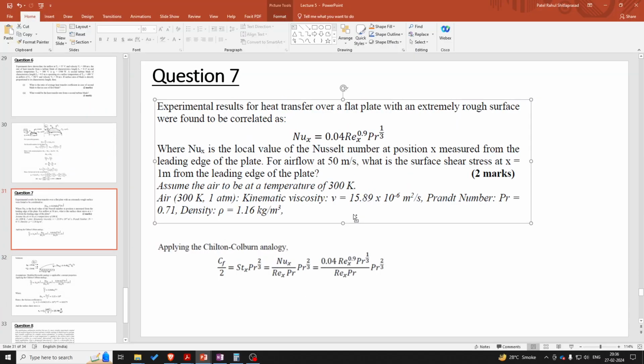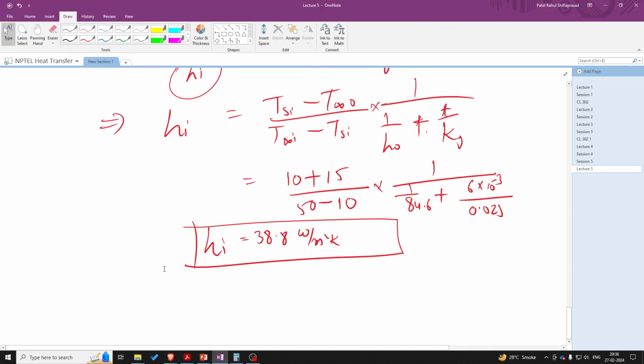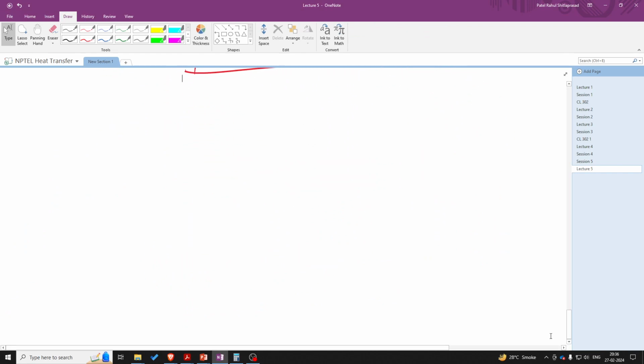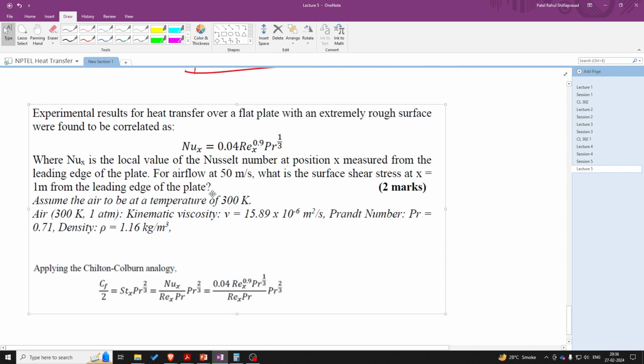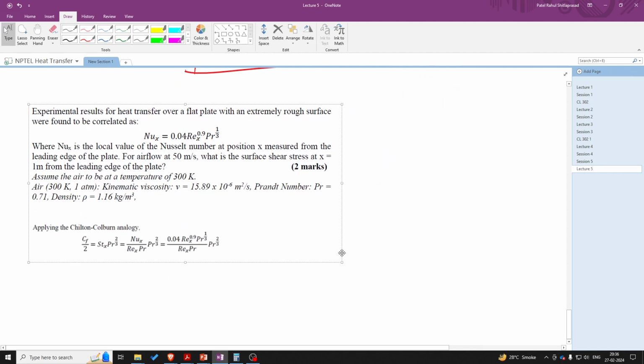So let's see the solution for this question. So yes, in this question we have been given that the experimental results for heat transfer over a flat plate with an extremely rough surface were found by these equations.